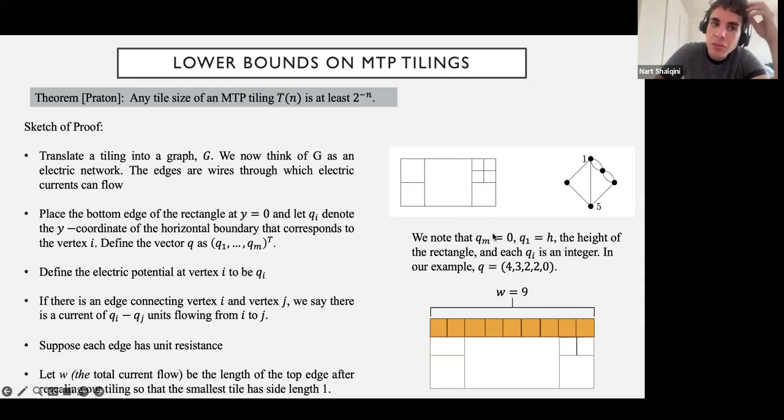My advisor looked into that and basically made an analogous proof for the case when the tilings are MTP. It seems quite out of the blue to relate it to electrical networks, but those people were pretty smart, you know, Tutte, right?